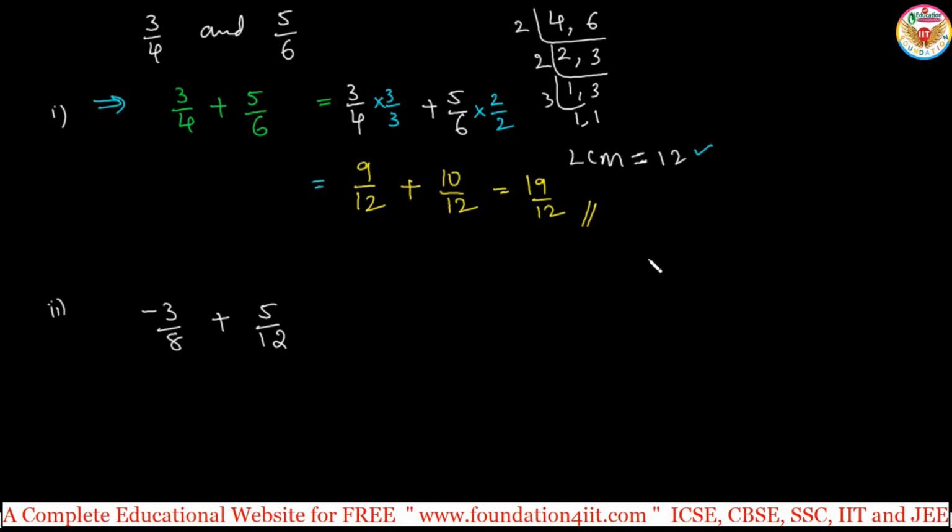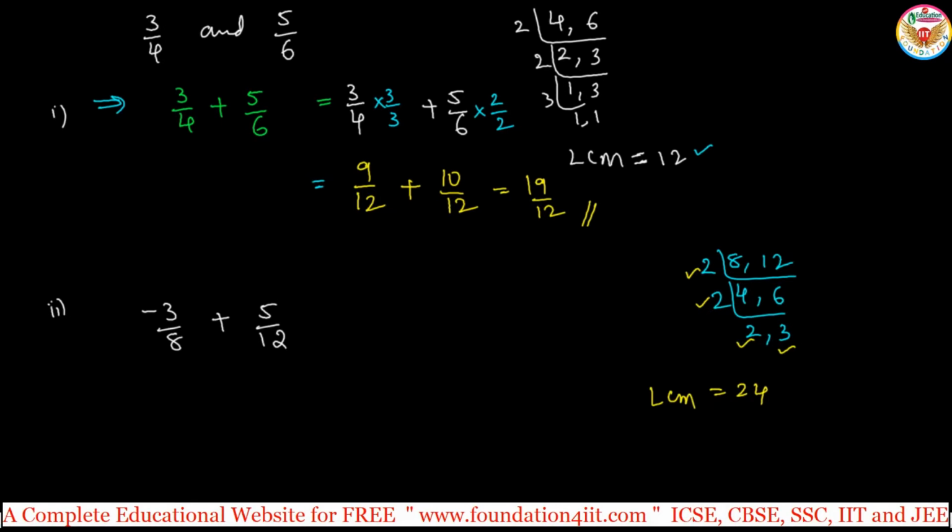So take 8 and 12 and find the LCM. 2 fours are 8, 2 sixes are 12; again 2 twos are 4, 2 threes are 6. For 2 and 3 there is no common factor, so we can stop here. Multiply these: 2 twos are 4, 4 twos are 8, 8 times 3 is 24. So LCM is equal to 24.